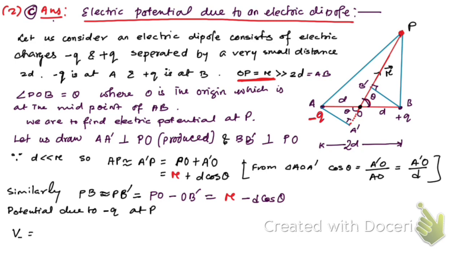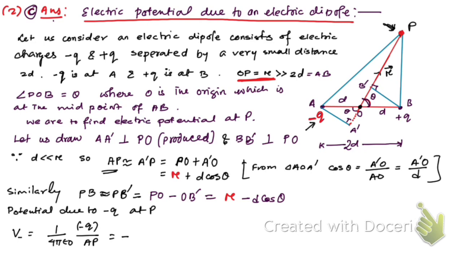That is equal to minus 1 by 4 pi epsilon naught, due to the minus q charge, and the distance here is AP. Due to this minus q charge, we are trying to obtain the potential at P. That's why the distance AP should be taken. We have already got AP equal to r plus d cos theta.